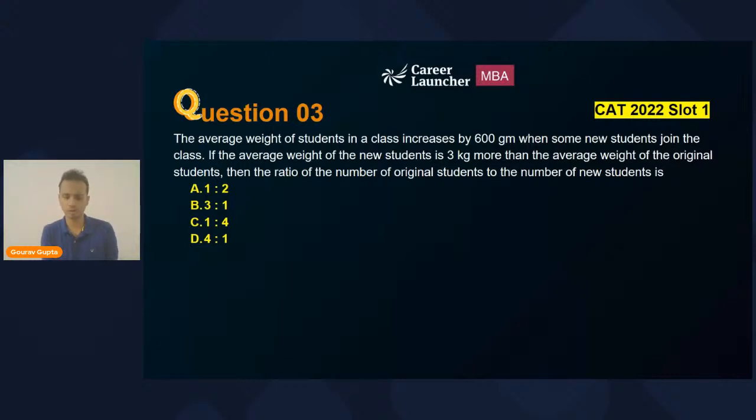I'll give you 1 minute total, not 30 seconds, because obviously you'll take some time in reading and analyzing this question. So in 1 minute, let's see who gives the answer.